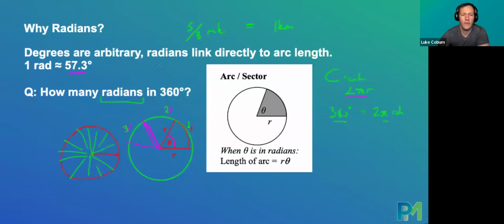Now, why do we want to introduce a new measure at this late stage? Why are we making this conversion now? The reason is that we are connecting an angle, which is a measure of how much you're turning, to a measure of distance.